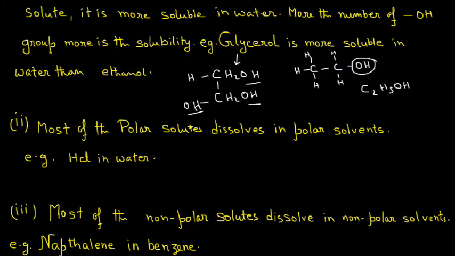Both are non-polar substances. So if we take naphthalene as a solute and benzene as a solvent, then naphthalene readily dissolves in benzene because both are non-polar.